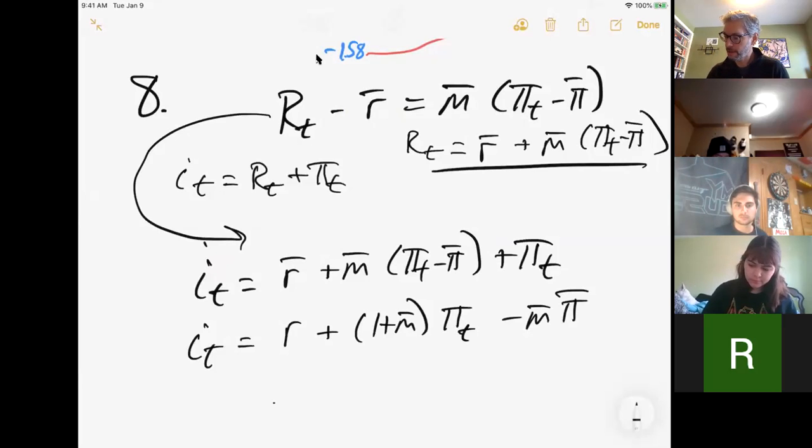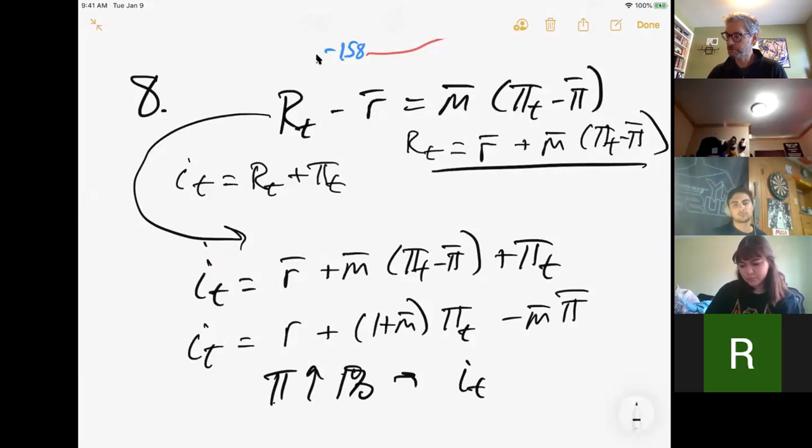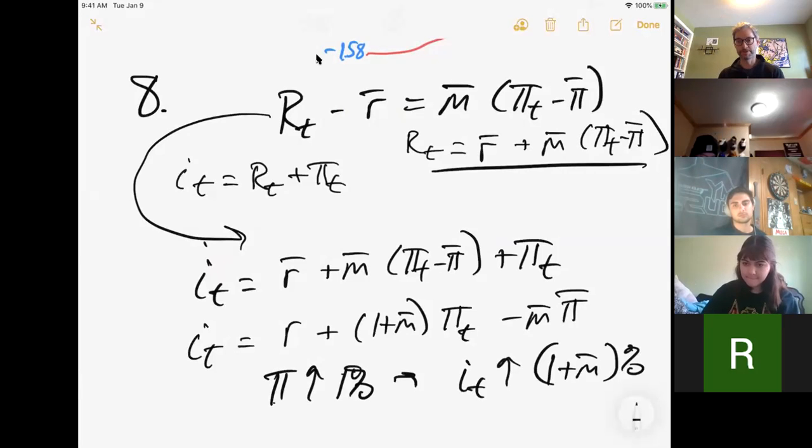So if inflation goes up by 1%, how much should nominal interest rates go up? 1 plus m%. Hopefully the intuition makes a lot of sense. If inflation goes up by 1%, you don't want to just raise nominal interest rates by 1%.